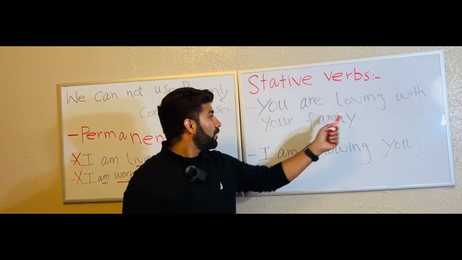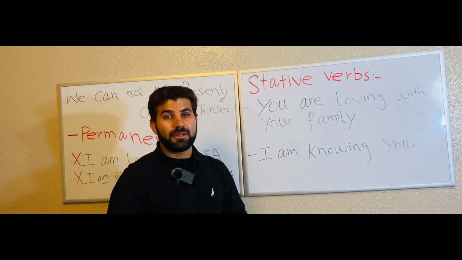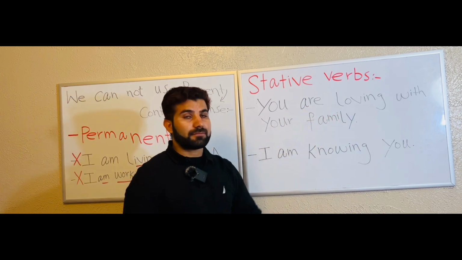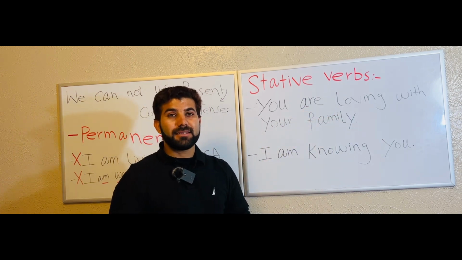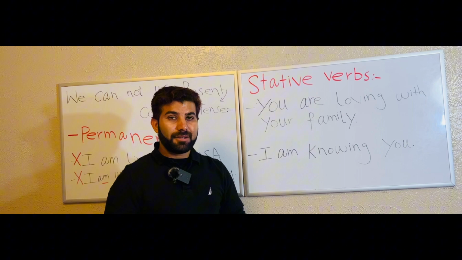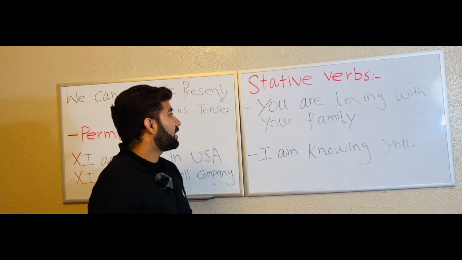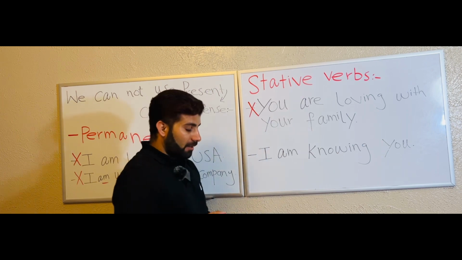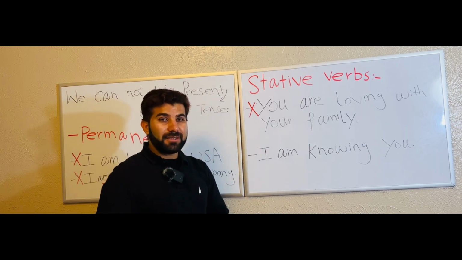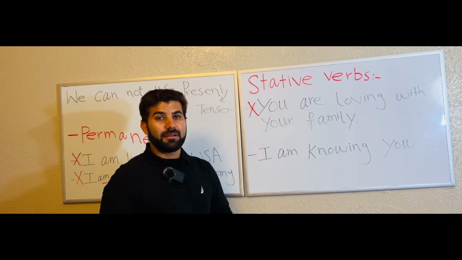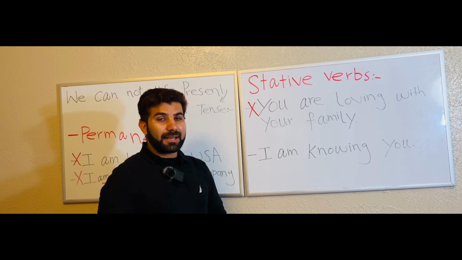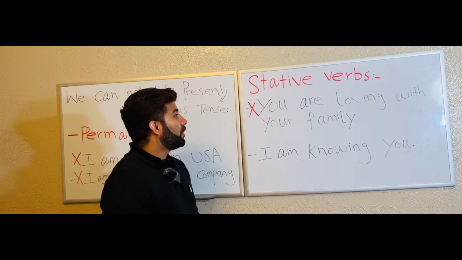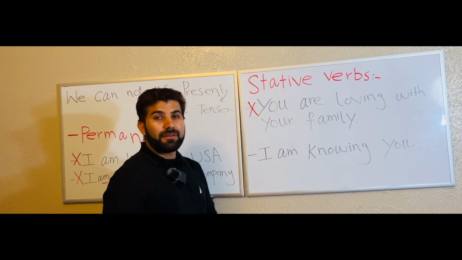In this sentence, we use a stative verb, which is wrong, incorrect. You are loving with your family. Loving, this is a stative verb, so you cannot say that, because nobody loves their family for a temporary period. So the correct sentence will be: you love your family.